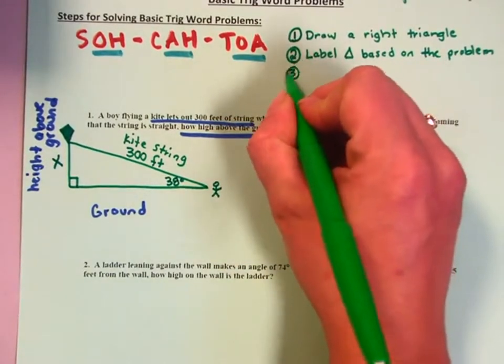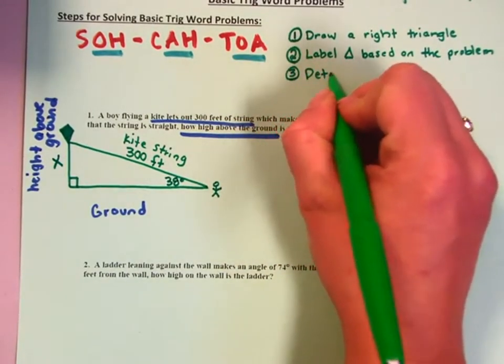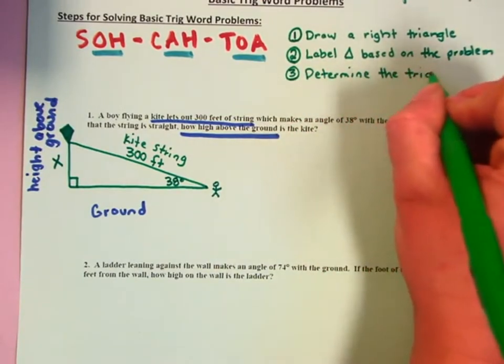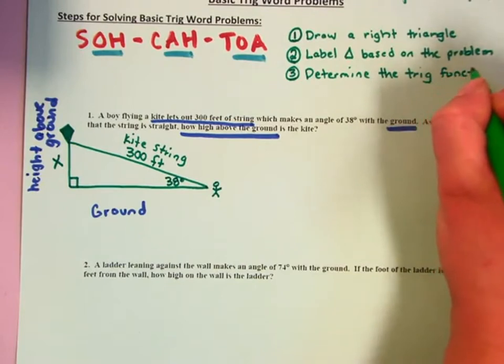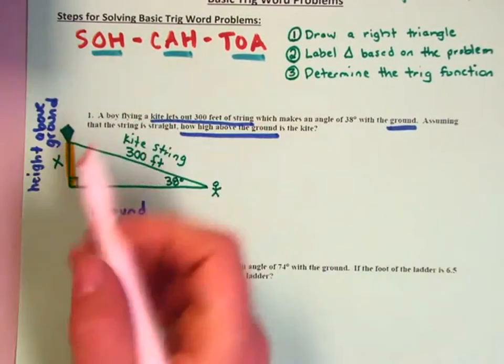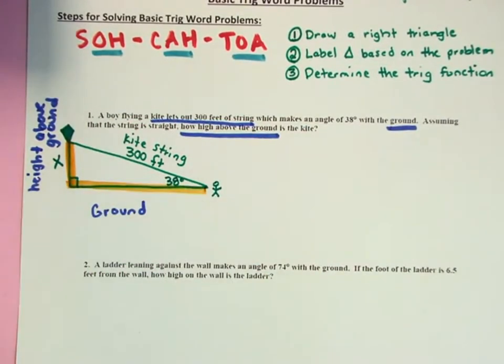Now we need to determine the trig function. So we're going to shade like we have been shading. So if we shade the two sides of our right angle, we know that what side is our hypotenuse?